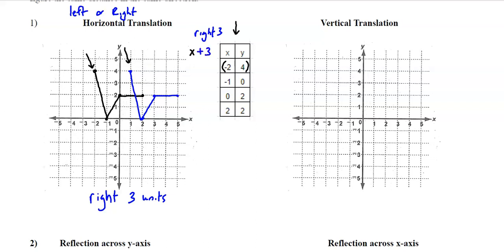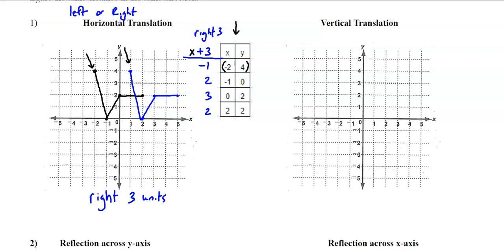So that -2 just became 1. Now the y didn't change. We didn't move up or down. The next point, -1, we added 3 to it, we got 2. 0, when you add 3 to it, you get 3. And the last one moves over here to 5. So basically, our table changed a little bit, and our x's all got 3 added to them, but the y stayed the same.